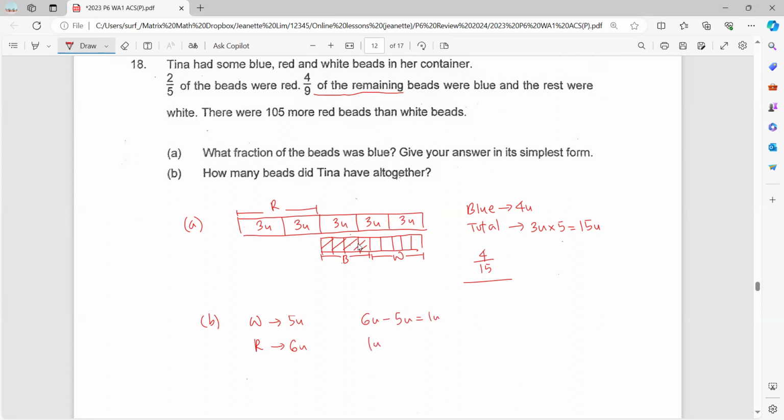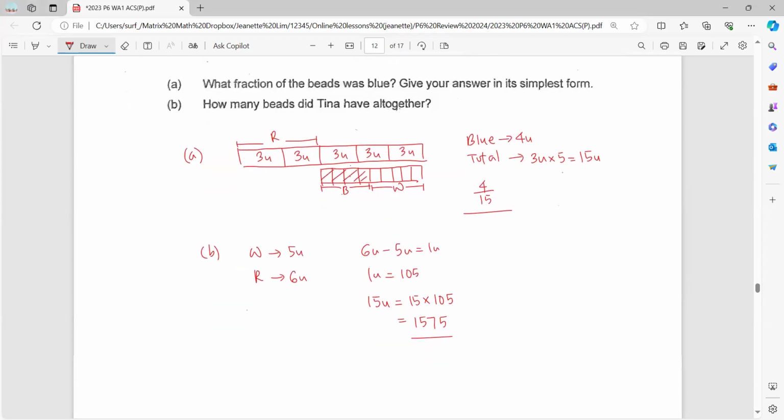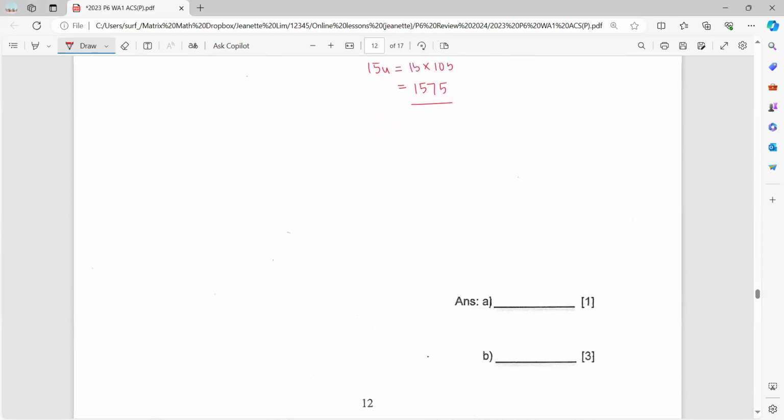So 1 unit is 105. Altogether total 15 units. So we find 15 units to get the answer. Okay, so the answer is 1,575.